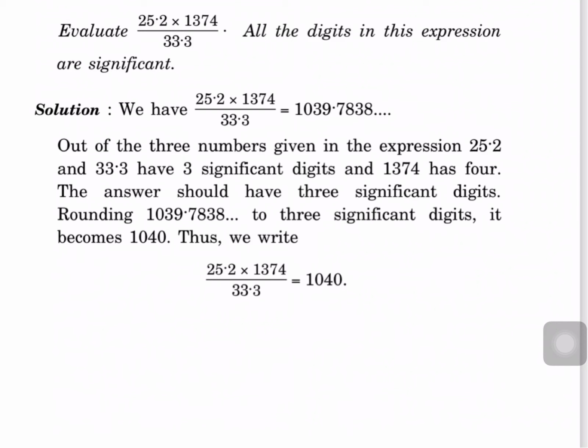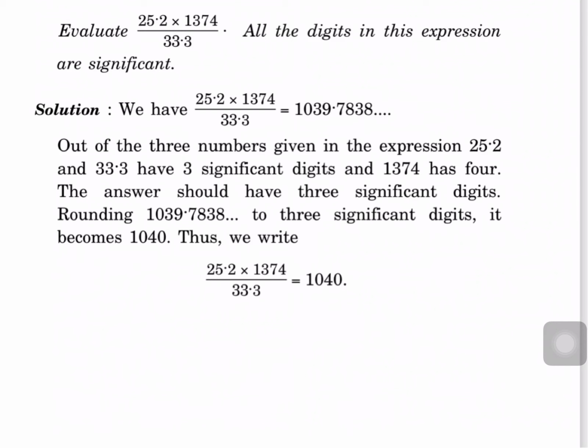See, evaluate this. All the digits in the expression are significant figures. For the numerator, first quantity 3 significant figures, second quantity 4 significant figures, denominator 3 significant figures. So the answer should be in the minimum significant figures. Which one is minimum, 3 or 4? 3 only.